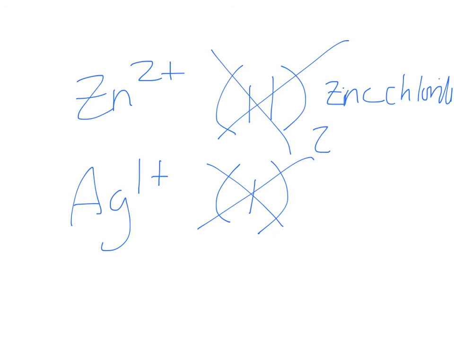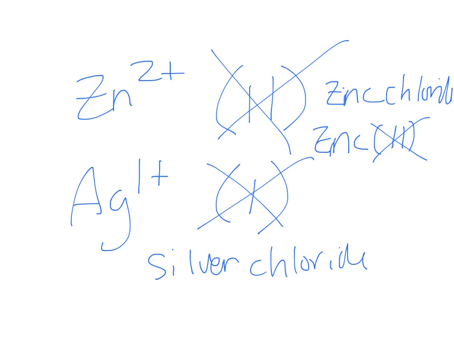Okay, you wouldn't write zinc 2 chloride. You don't do that, okay? Same thing with silver. It's just going to be silver chloride, okay, not silver 1 chloride. Okay, we would never write that. Okay, hopefully this is helpful for you.